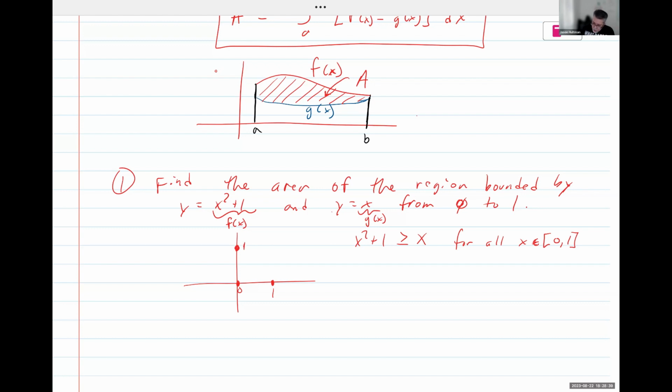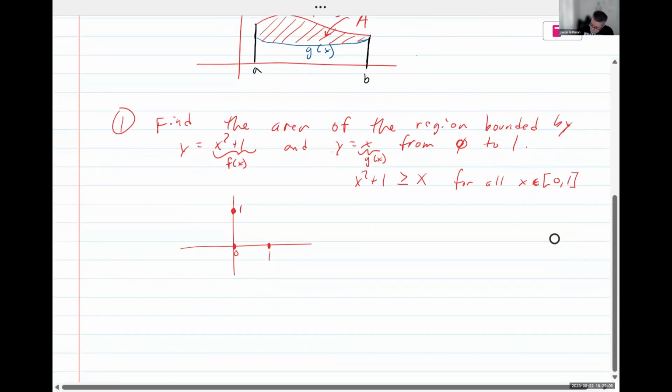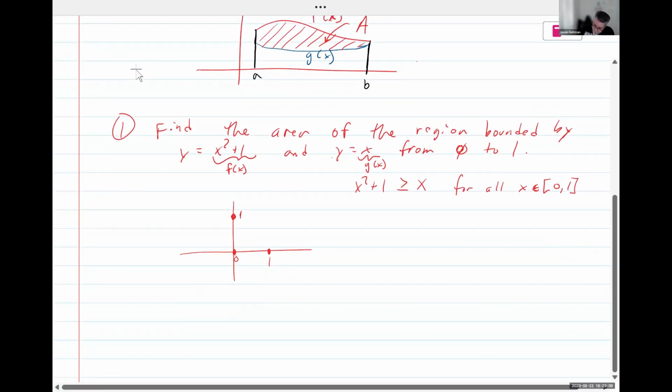Okay, so we have a parabola, and maybe I'll move this down. We have more room to draw my parabola.